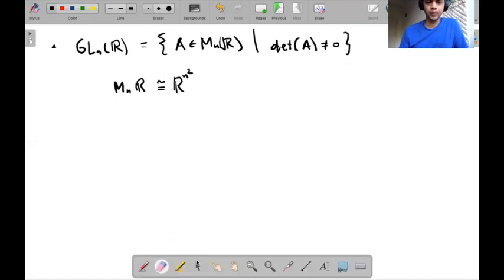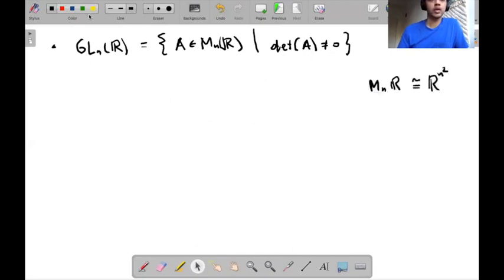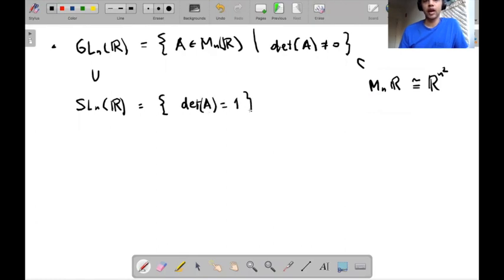Let me put this off to the side, because I want to indicate some subgroups of it. So a particular subgroup, SLNR, these are matrices where now we ask for the determinant to be equal to 1. And since the determinant of the product is the product of the determinants, this is closed under the operation.